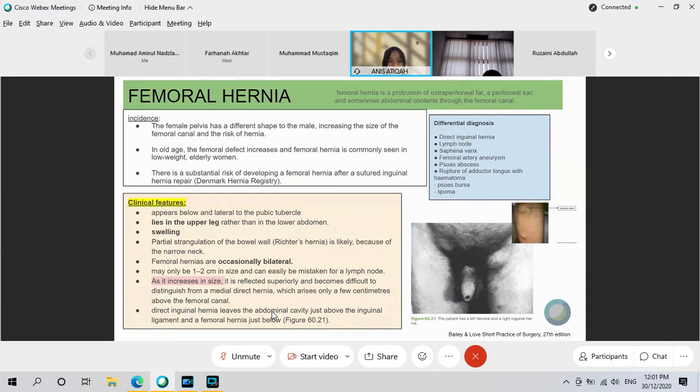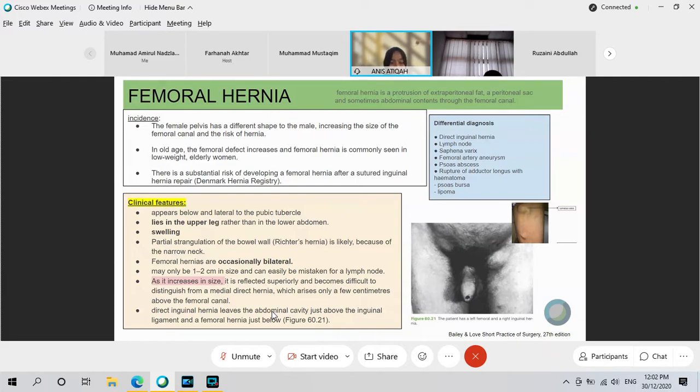In old age, the femoral defect increases, and femoral hernia is commonly seen in low-weight elderly women. Also, there is a report by the Denmark Hernia Registry of a substantial risk of developing a femoral hernia after a sutured inguinal hernia repair. I'm not really sure to what extent a sutured inguinal hernia repair can cause a femoral hernia.